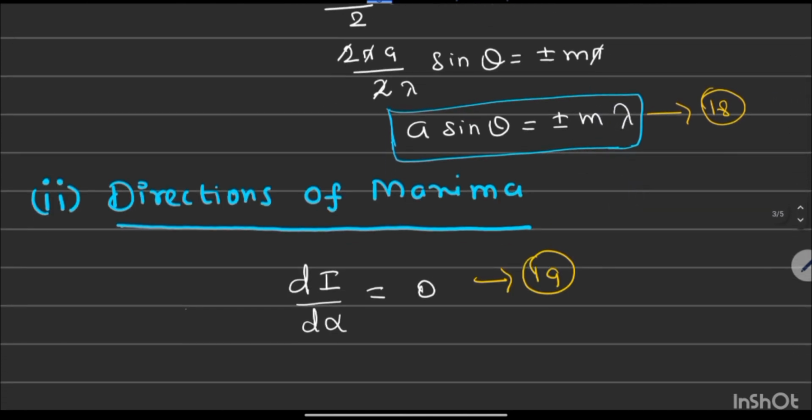The intensity will be maximum whenever the derivative of intensity with respect to alpha is equal to 0.